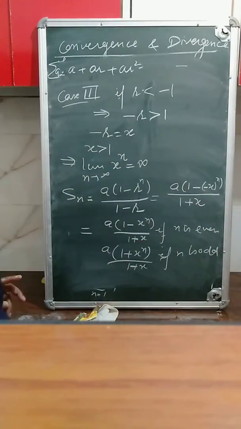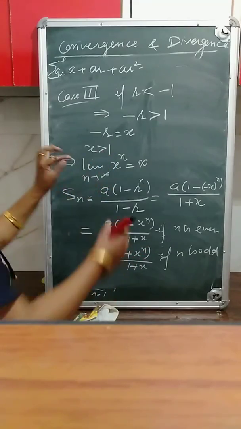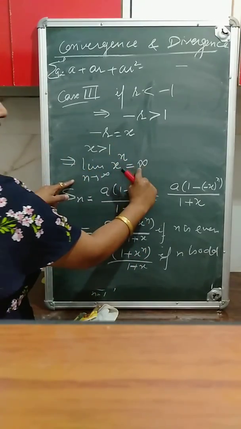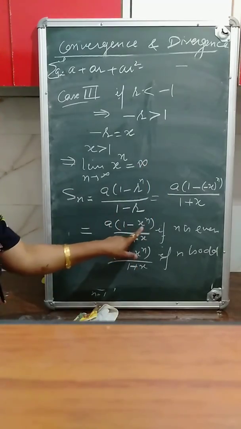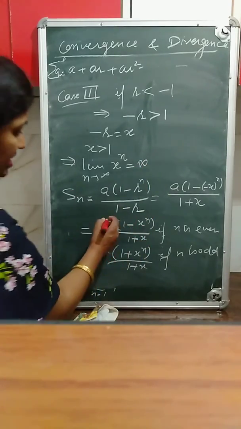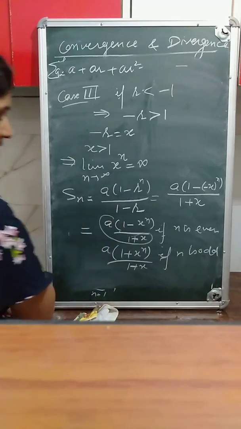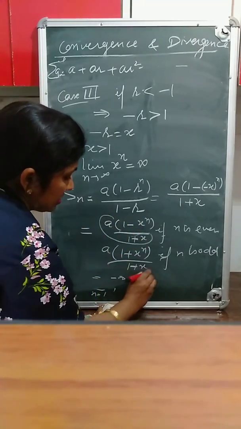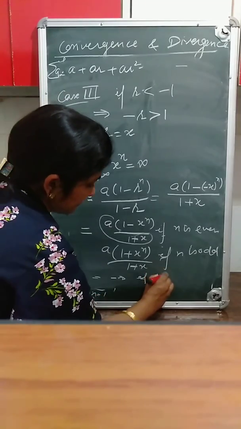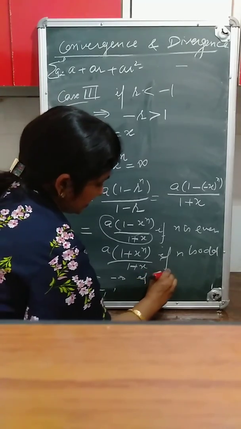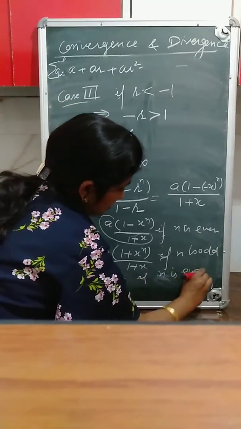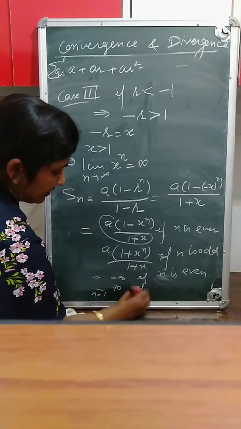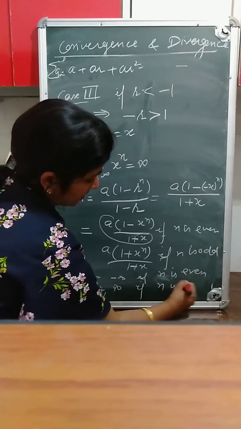Now clearly this limit n tending to infinity x raised to the power n is infinity. So infinity, this is a finite quantity, a into 1 plus x. So this will be minus infinity if n is even, and clearly this is plus infinity if n is odd.